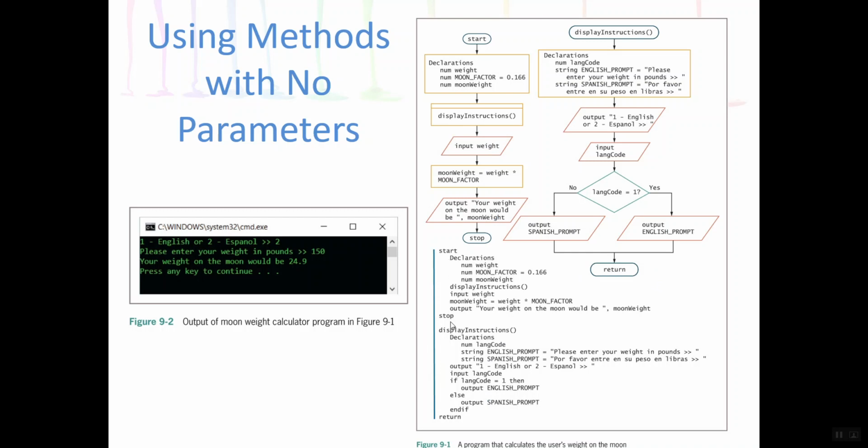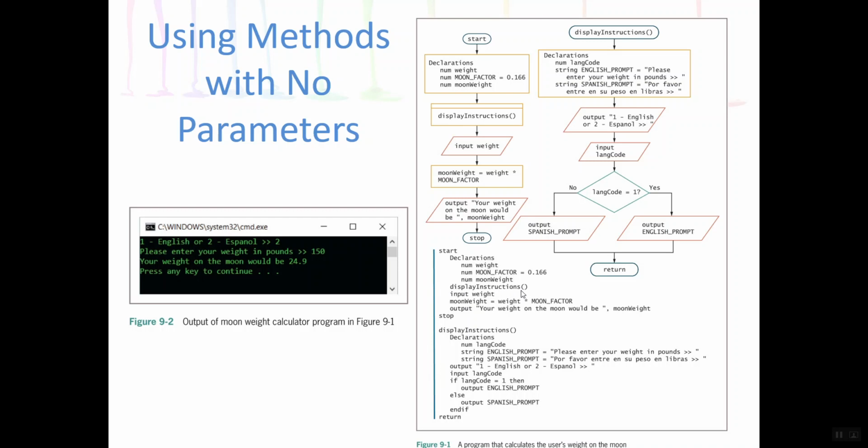Notice this is the main flow. We call display instructions here when we want to execute those steps to prompt the user, get the language code, and then prompt them in their language of choice. And then we continue on. It's important to know that when we call display instructions, all execution of main pauses and waits for display instructions.